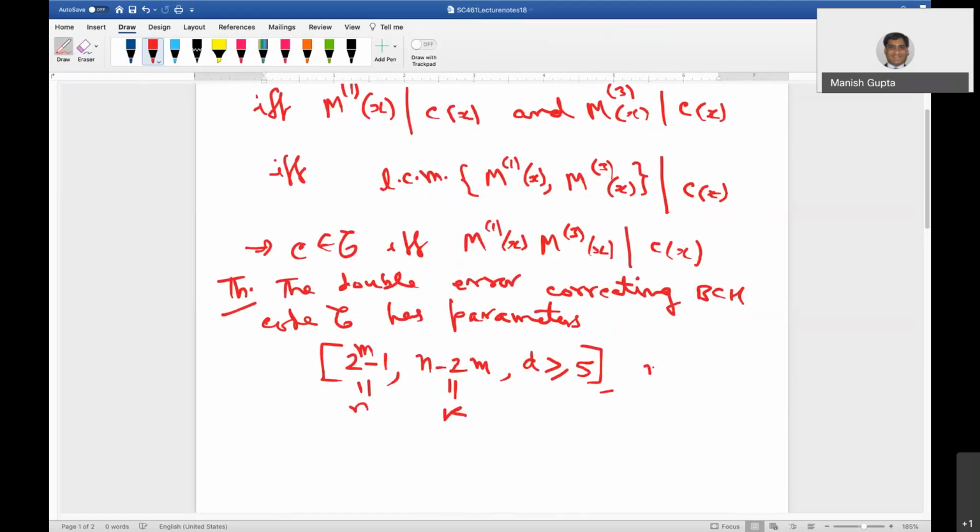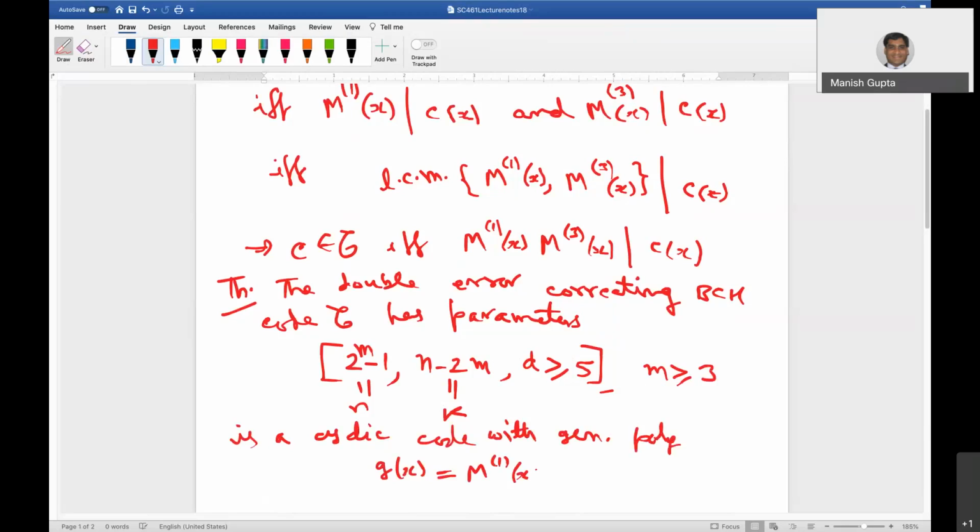Here m is equal to 3. It is a cyclic code with generator polynomial g(x) equal to m1(x) into m3(x).